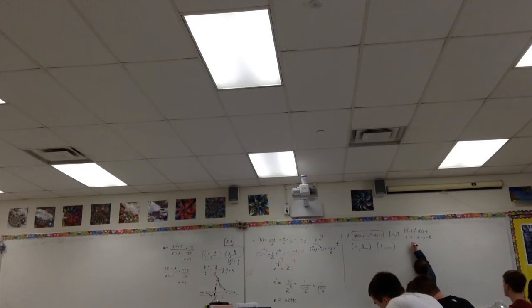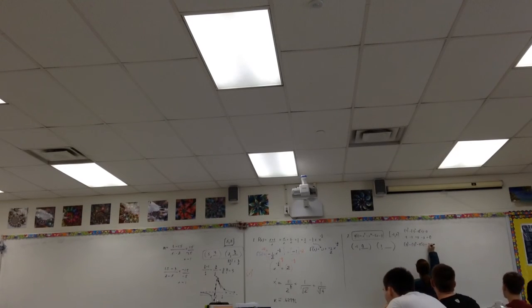And then we also have to plug in 3. So 3 cubed minus 3 squared minus 5 times 3 minus 3. So 3 cubed is 27 minus 9 minus 15 minus 3. That's 18 minus 15, that's 3 minus 3 equals 0.